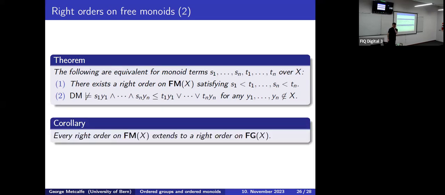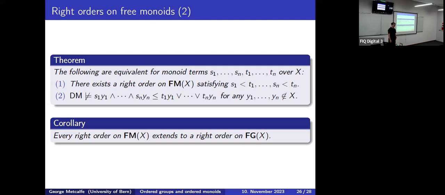More interesting is the corollary, which was not known in the literature on right orders on free groups and so on, that every right order on a free monoid over X extends to a right order on the free group over X. And if you think about what that involves, it's not at all obvious.